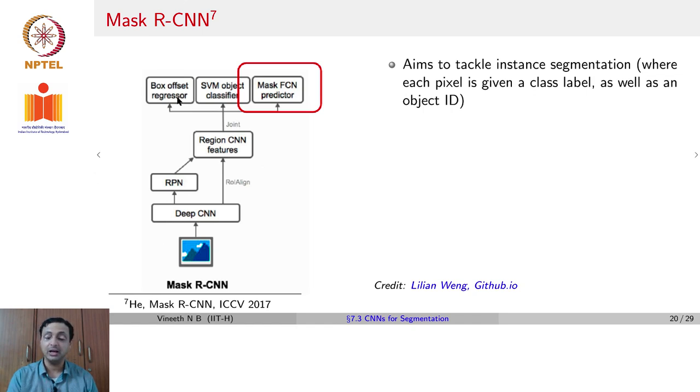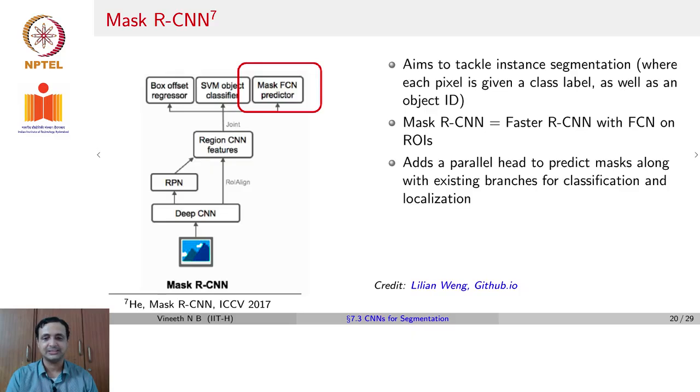So Mask RCNN was proposed in ICCV of 2017, and it uses a Faster RCNN-like architecture but adds a branch to also mask out and get instance-level segmentation. You could look at Mask RCNN as Faster RCNN with FCN on the regions of interest.